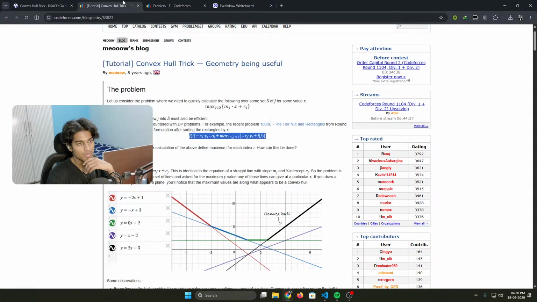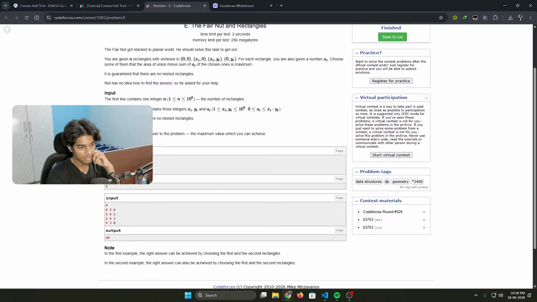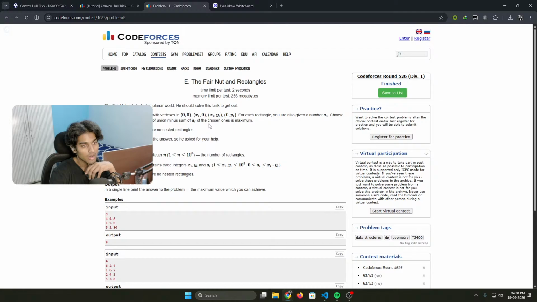But why are we removing rectangles? We are reducing A. We are subtracting.